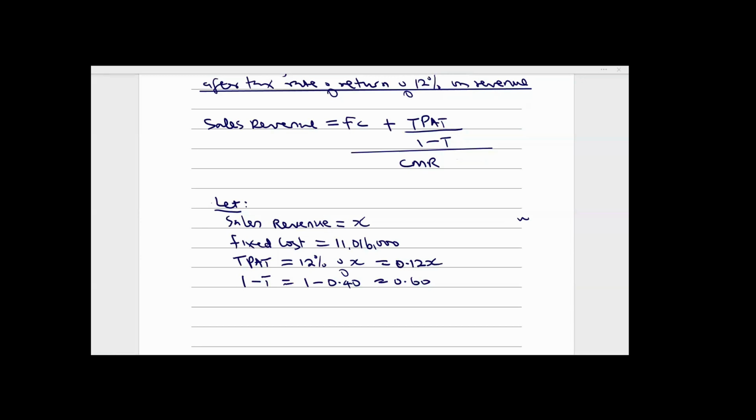Since we are calculating contribution margin ratio, it has to be composite contribution margin ratio. If you like, you can call it weighted average contribution margin ratio, whichever one.